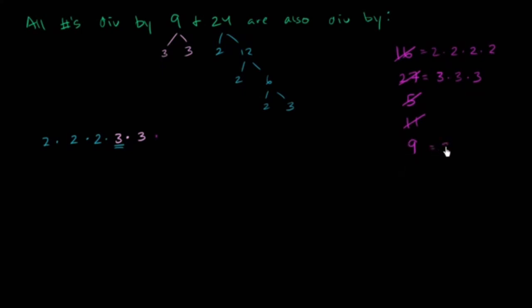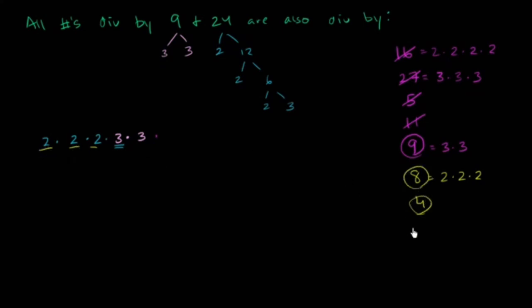9 is equal to 3 times 3. And actually, I just realized that this is a silly answer, because obviously all numbers divisible by 9 and 24 are also divisible by 9. So obviously 9 is going to work, but I shouldn't have made that a choice, because that's in the problem. What also would work is if 8 was one of the choices, because 8 is equal to 2 times 2 times 2, and we have a 2 times 2 times 2 here. 4 would also work.